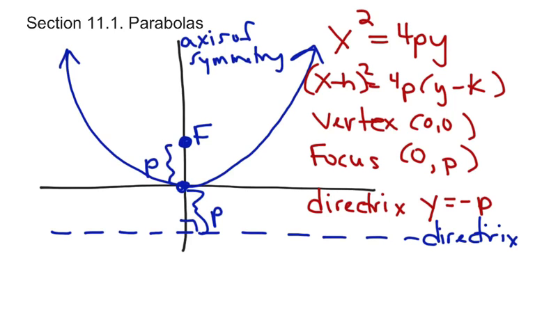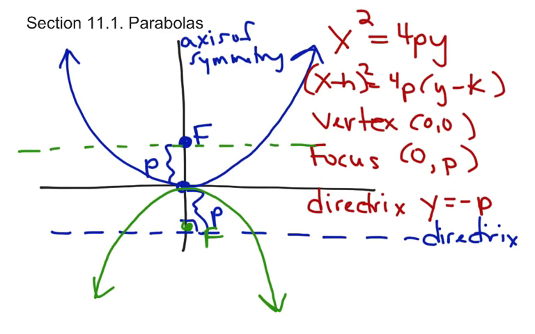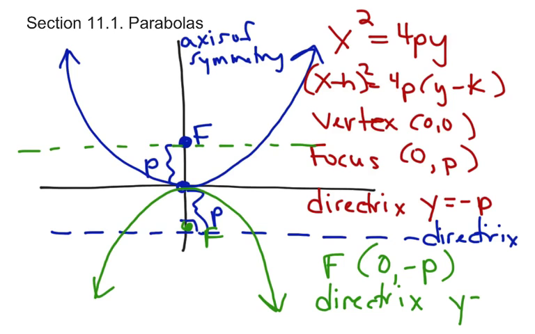Now, if the parabola opens downward instead, the focus would be down here and the directrix would be up here. The focus would be at (0, negative p), the directrix would be y equals p, and the equation of the parabola would be x squared equals negative 4py. That would be the difference.